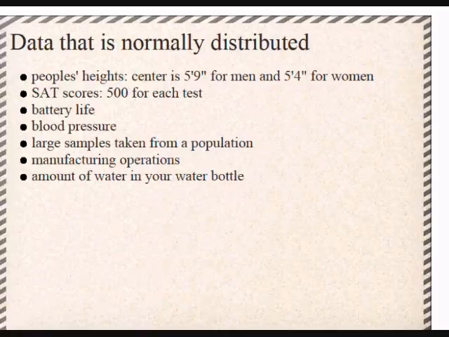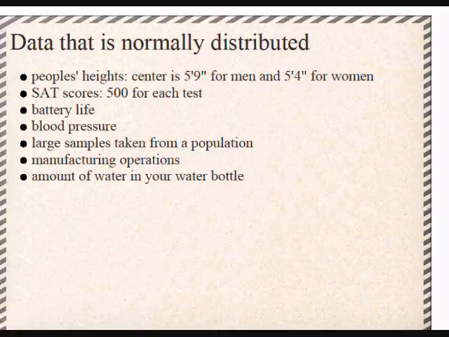Okay. SAT scores are normally distributed. They set them up that way. So if the center is always 500, I can't remember what the standard deviation is for SAT scores. I think it's on your homework for tonight. So most people are meant to score around a 500, and then some really smart people get a 600, some really dumb people get a 350, but there's very few of those.